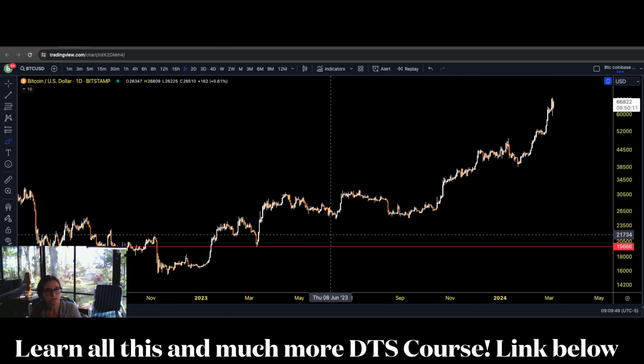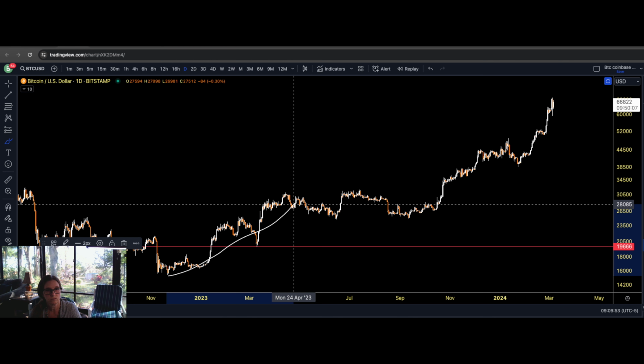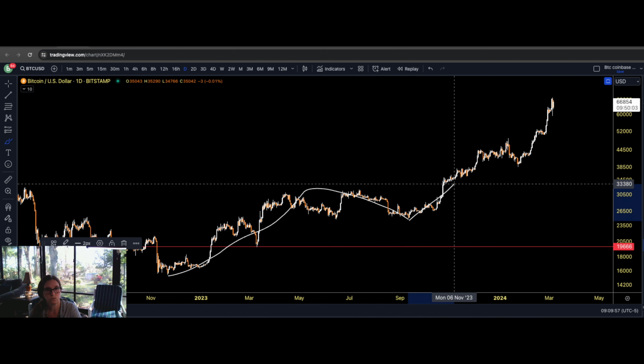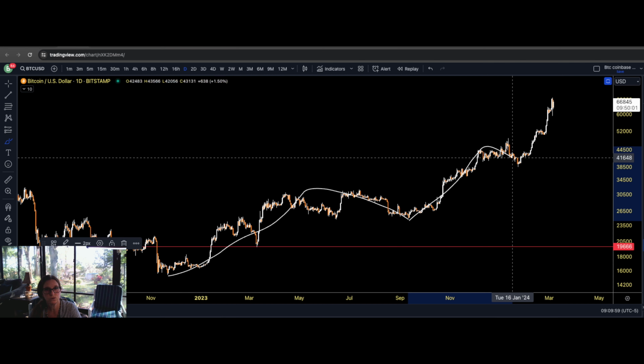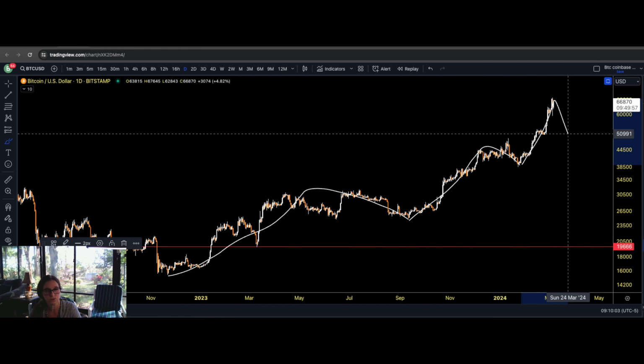The alternative way to look at this is that all of this was a wave 1, a wave 2, this is a wave 1, a wave 2, and this is going to turn into a wave 1 and a wave 2.